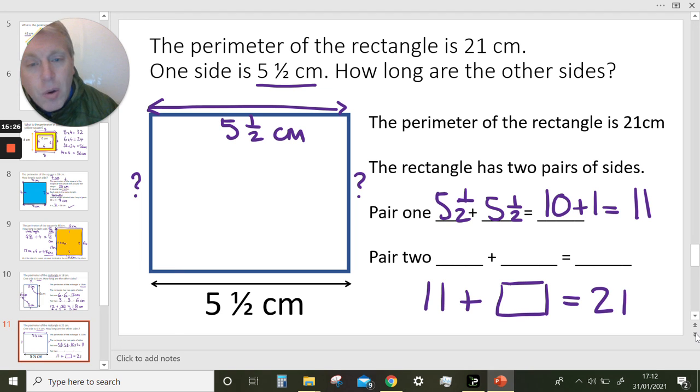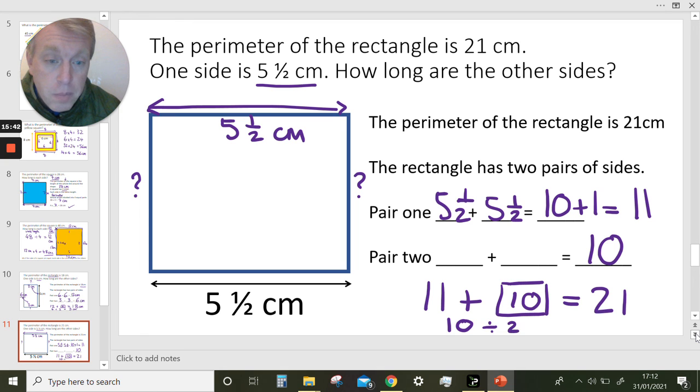Well, 21 take away 11 is 10. So the other two make 10 altogether, and they are equal parts. So we're going to divide that 10 into 2, because we've got two sides that make 10 altogether. 10 divided by 2 is 5.